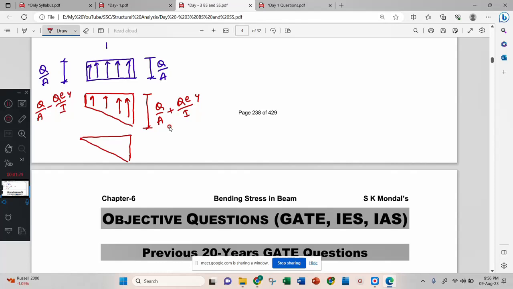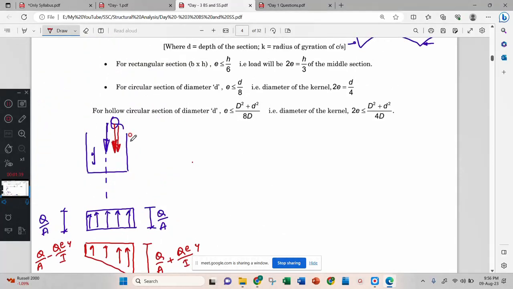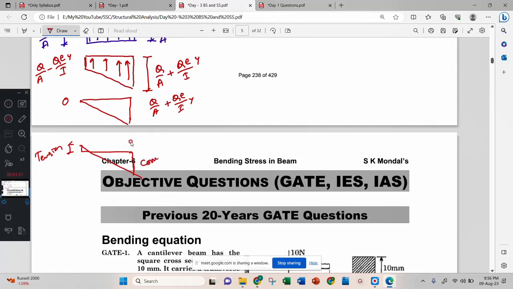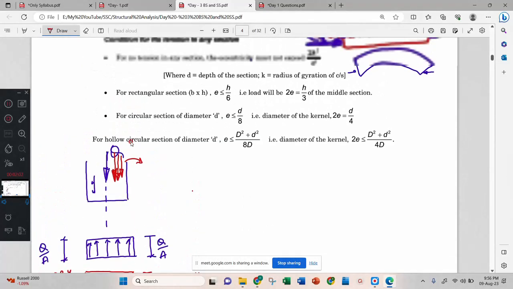When this becomes 0, this is the same Q by A plus QE by I into Y. Another very interesting thing: if this Q is shifted further to this side, then this becomes negative and this becomes positive. This is tension and this is compression. Right? Now there is a limit.